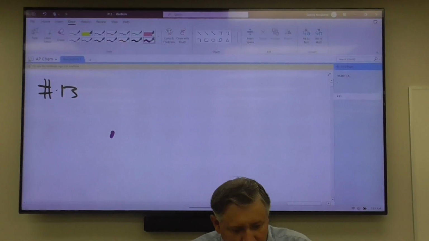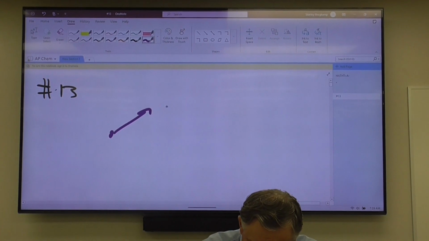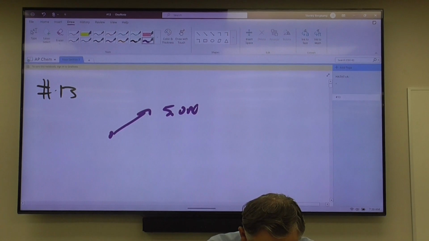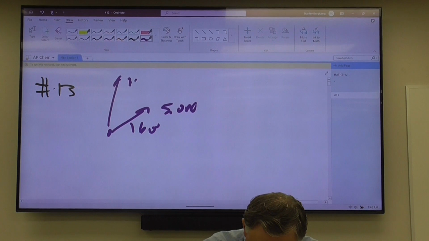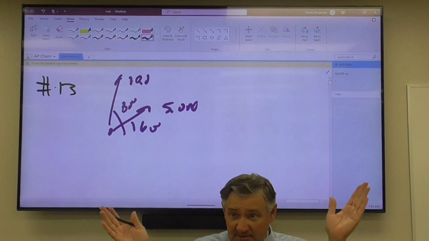And I've got a 5 Newton force here at 60 degrees, and then a 10 Newton force at 80 degrees. So this is the free body diagram sketch.